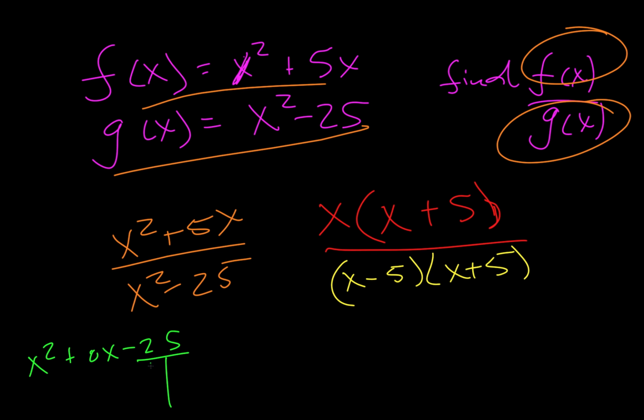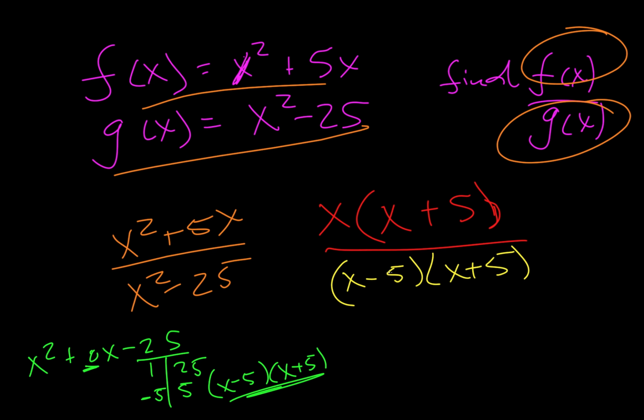So we t-factor 1 and 25, 5 and 5. We want them to add up to this term, which is 0. So we'll have to do a negative 5. Negative 5 times 5 is negative 25, so that works. And so we just say x minus 5, x plus 5, which is the same thing we got right there.